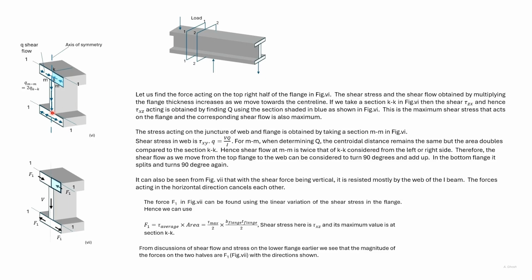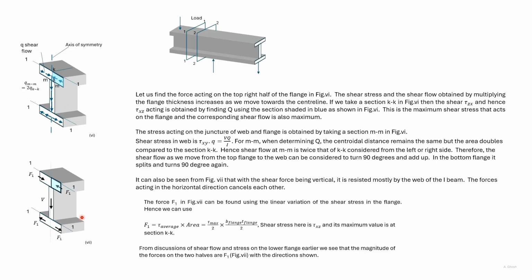Consider a section in the bottom flange similar to KK. Then the magnitude of shear flow will be the same as KK, but the shear will be oppositely directed. So we can see the shear flow in this section. At the juncture here, the shear flow turns 90 degrees and merges. At the juncture here, the shear flow splits and turns 90 degrees.